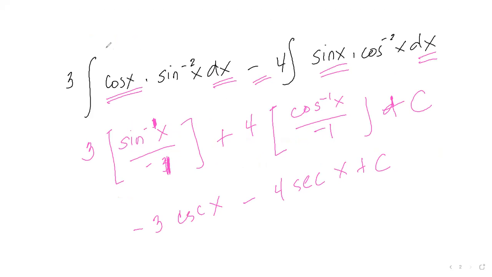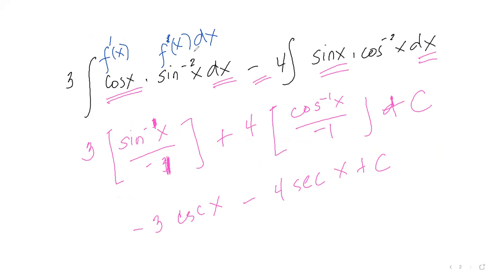This is your f of x, and this is your f prime of x dx. Your f prime of x with your dx is now coupled with your f of x.